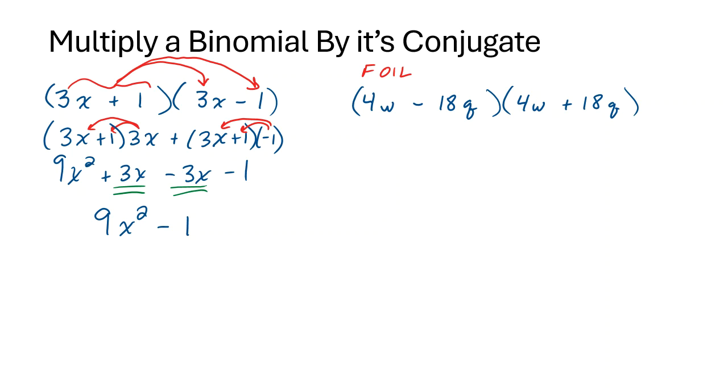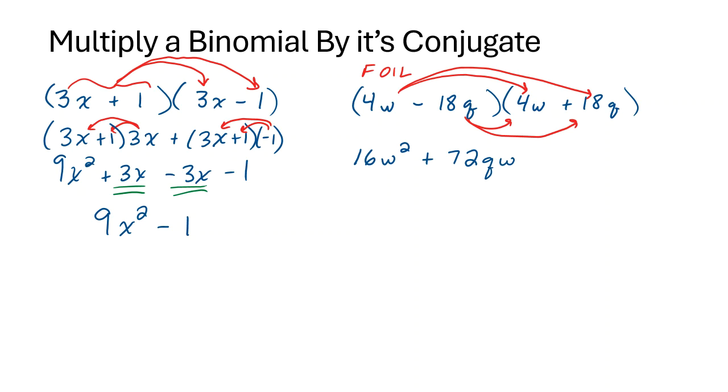All right, let's try this one over here. So we're going to do first, outside, inside, last. So 4w times 4w is 16w squared. 4w times 18q, let's see, 4 times 18 is 72, and I'll just put these in alphabetical order, qw.